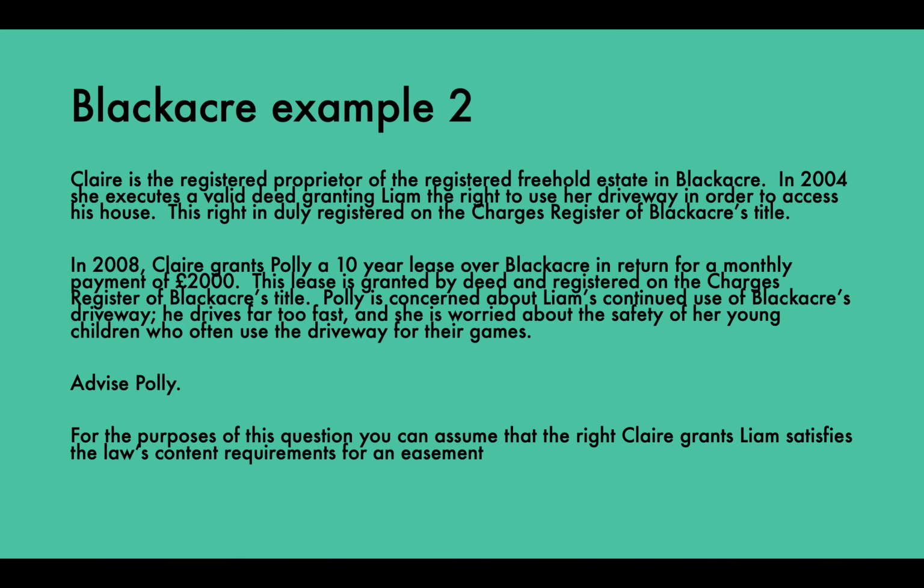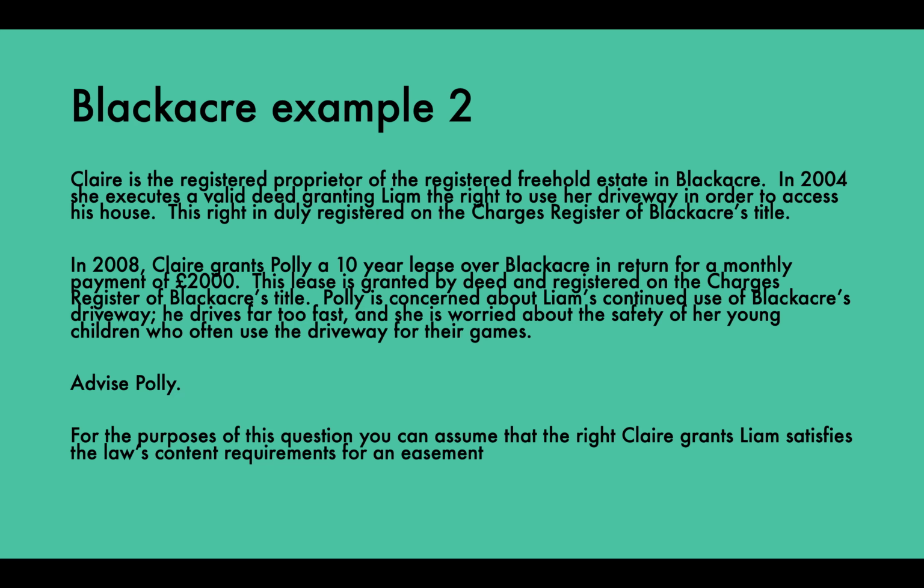Now, Section 29. If we look at Section 29, we now want to know the impact of Liam's easement on Polly's lease. In other words, we want to know which takes priority. The hypothetical clause in Section 29 is if there is a registrable disposition of a registered estate for valuable consideration, then completion of the disposition by registration has the following effect. So we have got a registrable disposition here, and we have valuable consideration.